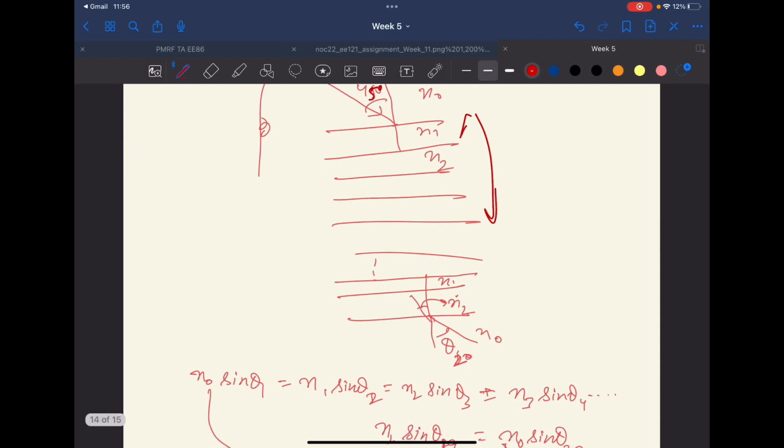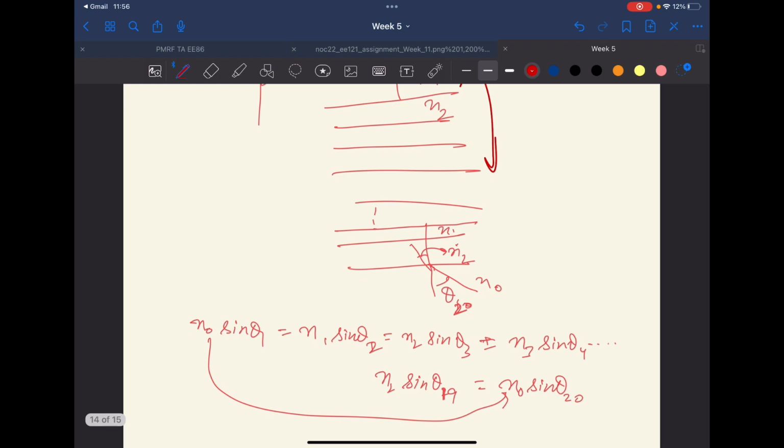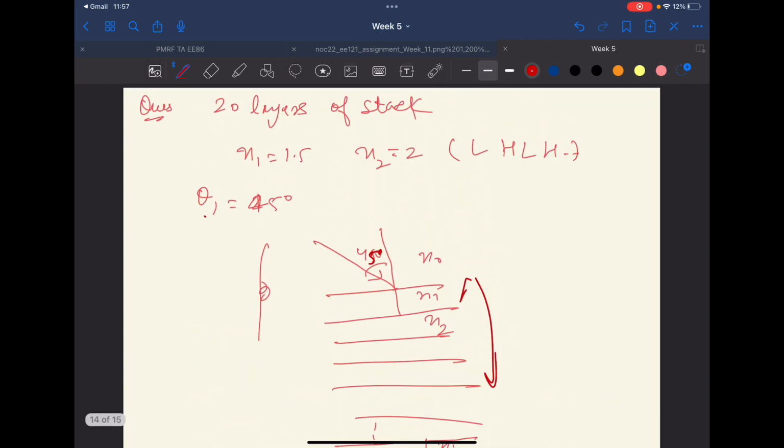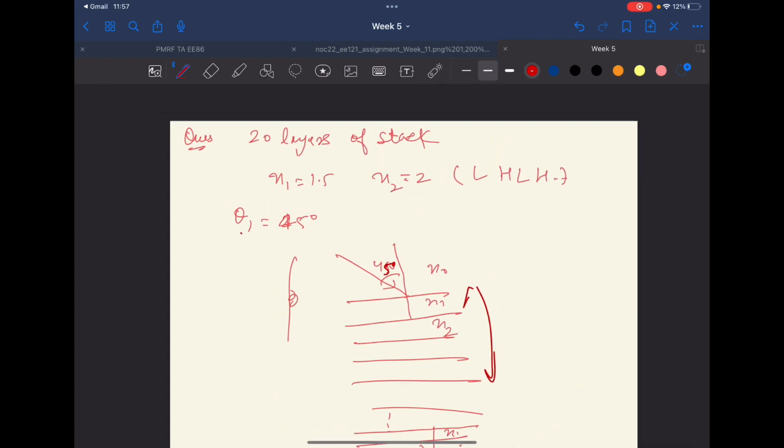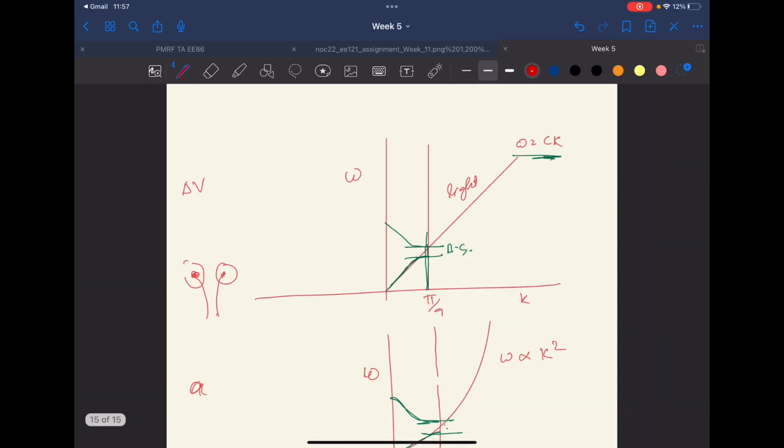For Snell's law, you can write n0 sine theta 1 is equal to n1 sine theta 2 is equal to n2 sine theta 3, like that, equal to n2 sine theta 19 is equal to n0 sine theta 20, because this is again the air. So according to this formula, you can cancel n0. So sine theta 1 is equal to sine theta 20. So theta 1 is equal to theta 20, that is 45 degree. So this is from simple Snell's law.